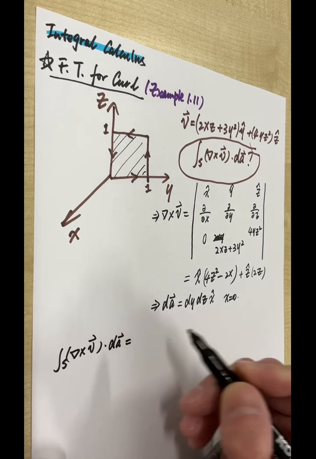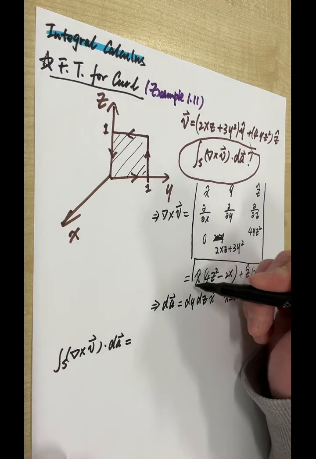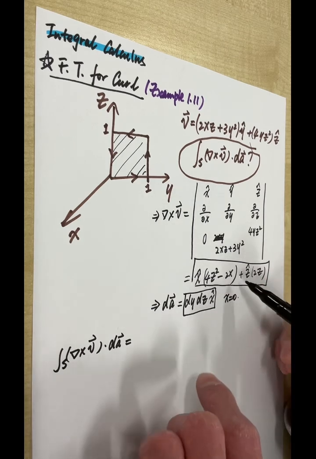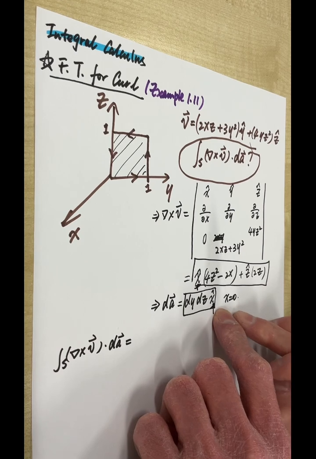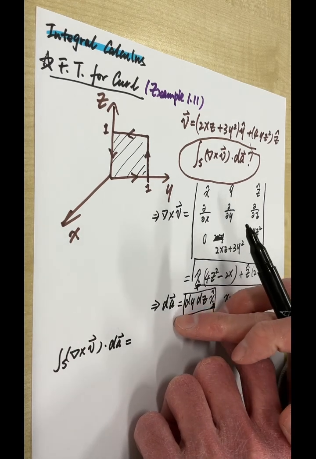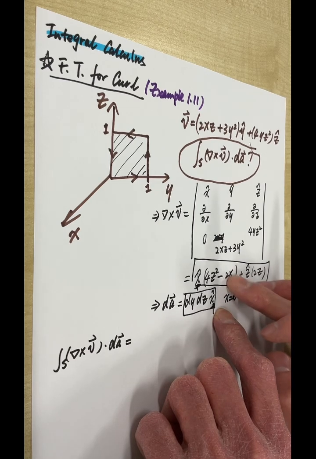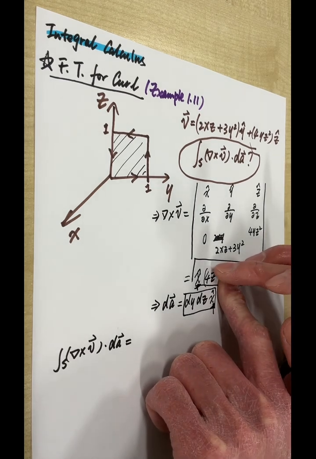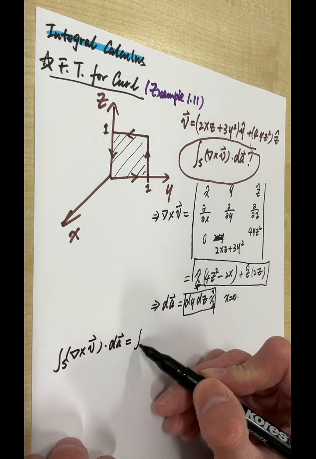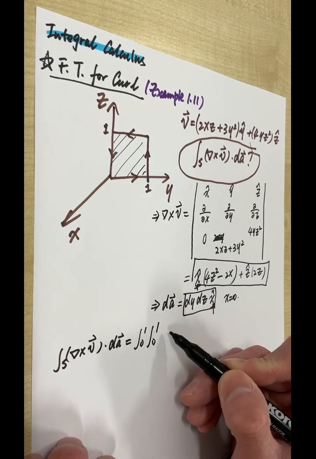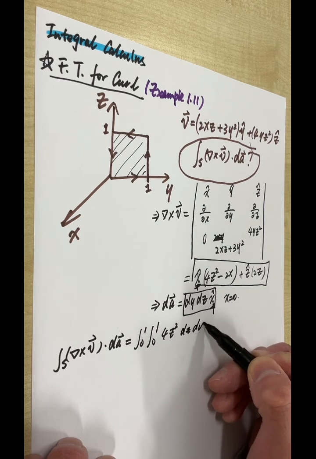So this equals this vector dot this vector. There will only be x direction because nothing on the z direction for dA. And then we have x equals 0, so this term is 0. So we are only left with 4z squared. So I have 0 to 1, 0 to 1, 4z squared dz dy.